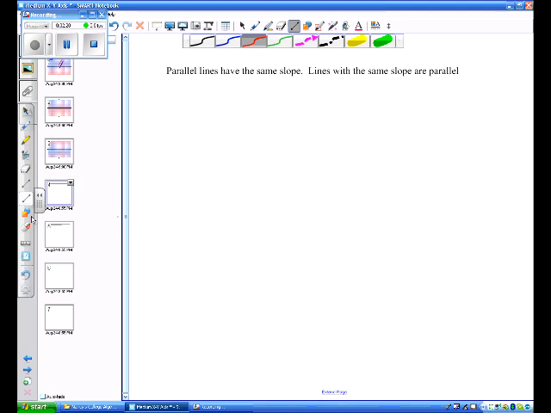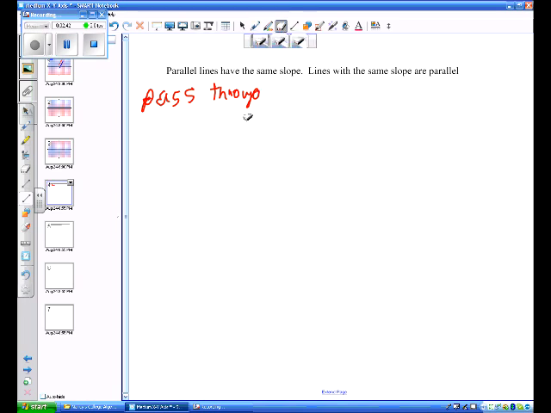So let's say we want it to pass through the point -2, 5.